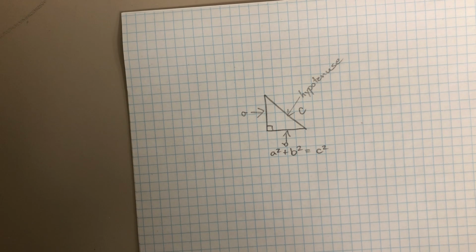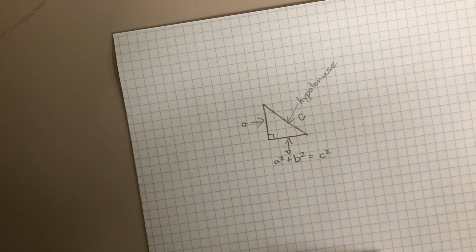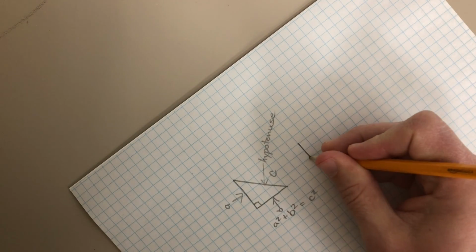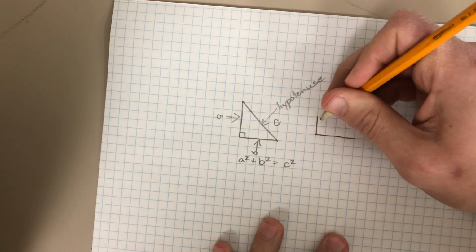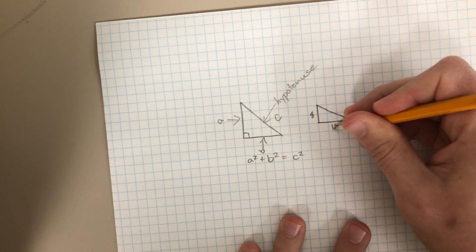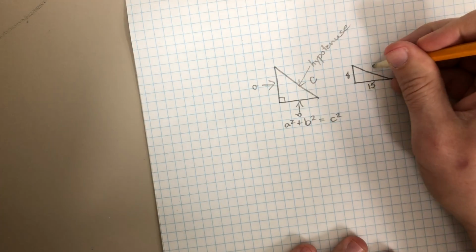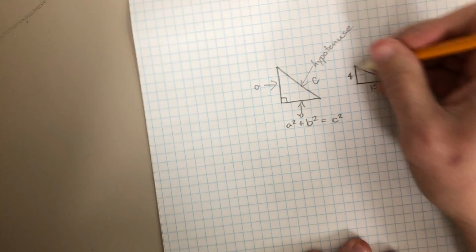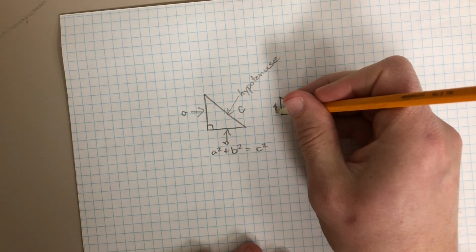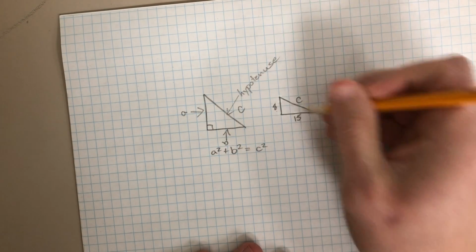It says find the length of the hypotenuse of a right triangle if a is 8 and b is 15. Okay, so let's draw that triangle. That's 8 and that's 15. And we want to find out what this distance is here. Let's make this a and this b, it doesn't matter.